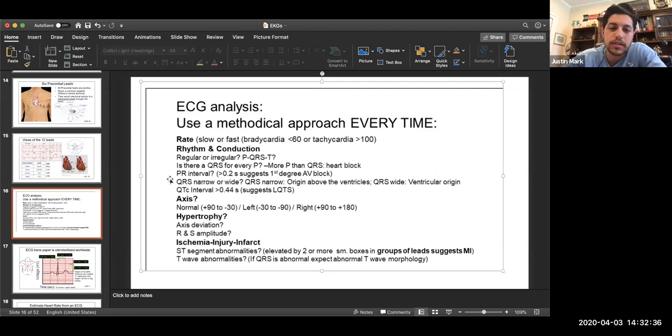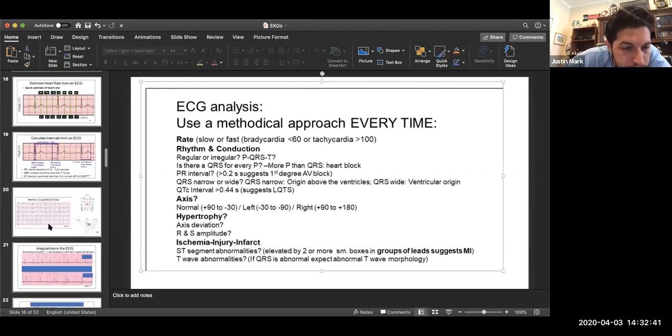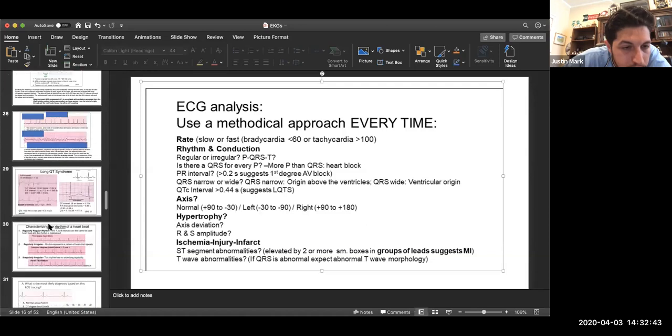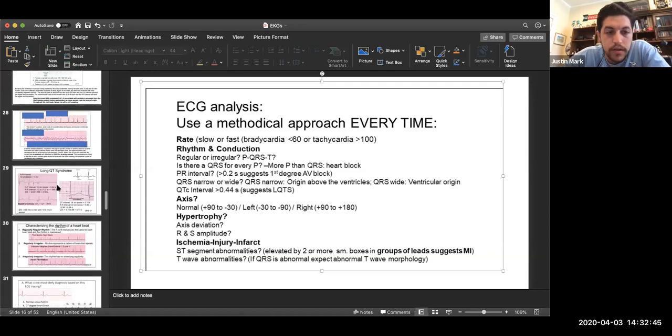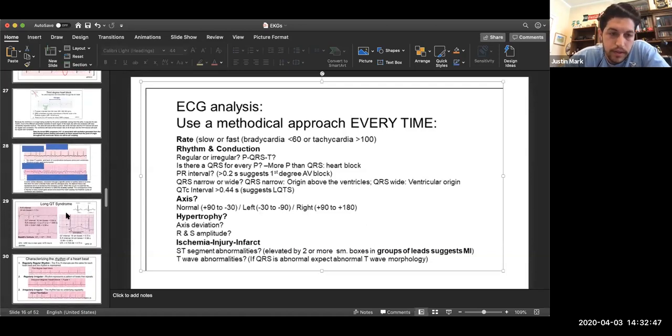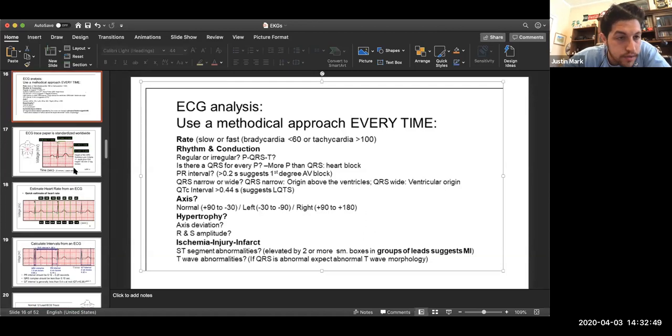Maybe I have that reversed, but that should be very consistent. I talk a little bit more about the QT interval and the corrected QT interval in another slide, so we'll get there also.